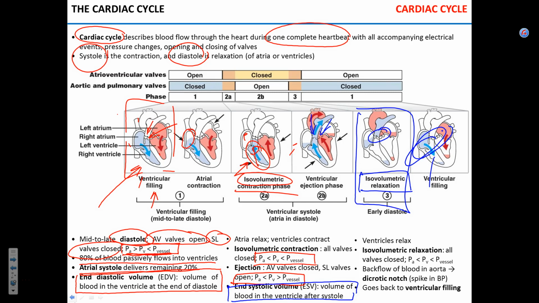So during isovolumetric relaxation, just as during isovolumetric contraction, blood pressure in the ventricle is higher than blood pressure in the atrium, but lower than blood pressure in the vessel.